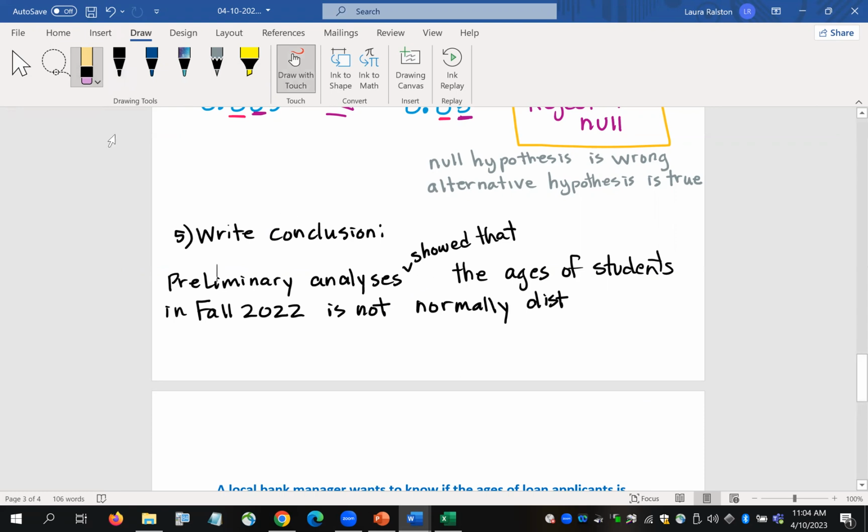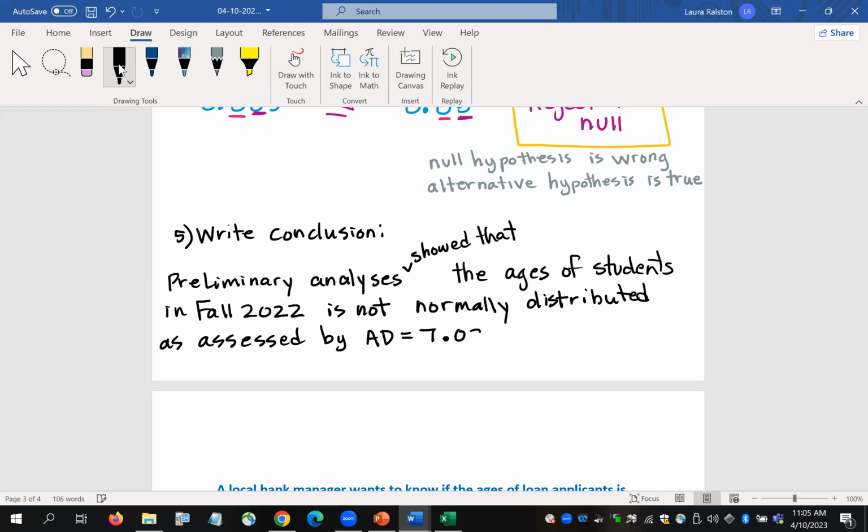Sorry about that. Preliminary analysis showed that the ages of students in fall 2022 is not normally distributed as assessed by Anderson-Darling equals 7.020 with a p equal to 0.005.